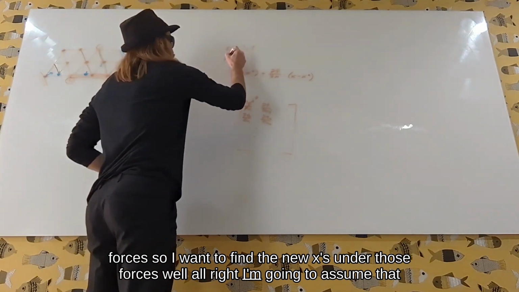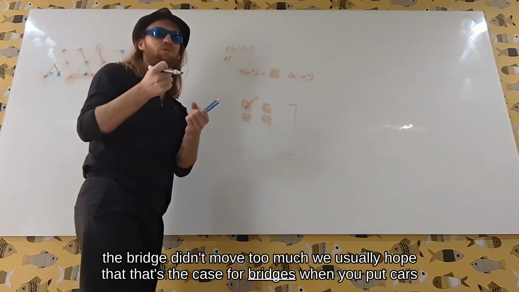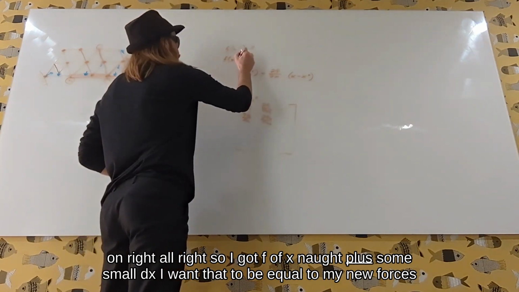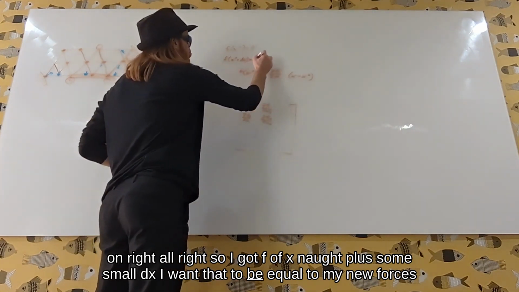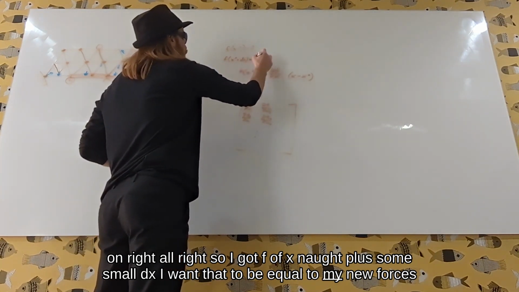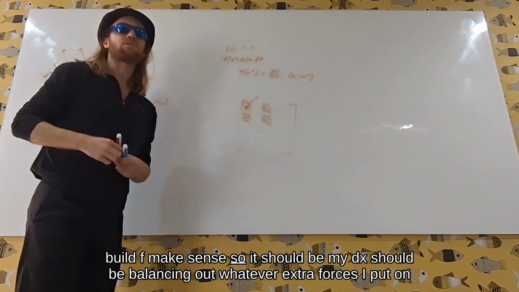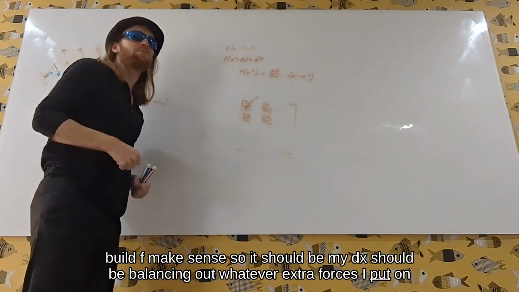Well, I'm going to assume that the bridge didn't move too much. We usually hope that that's the case for bridges when you put cars on them, right? All right, so I've got f of x naught plus some small dx. I want that to be equal to my new forces, delta f. Make sense? So my dx should be balancing out whatever extra forces I put on this thing.